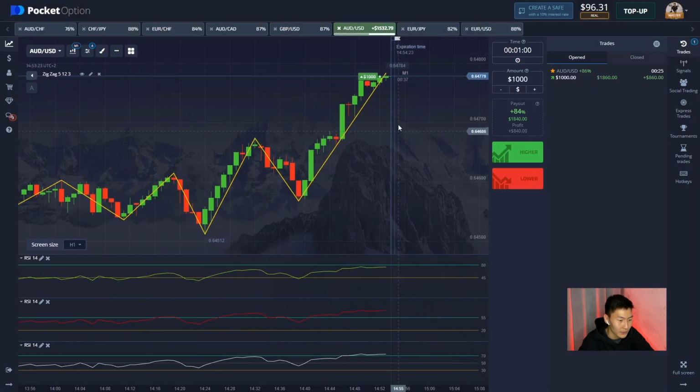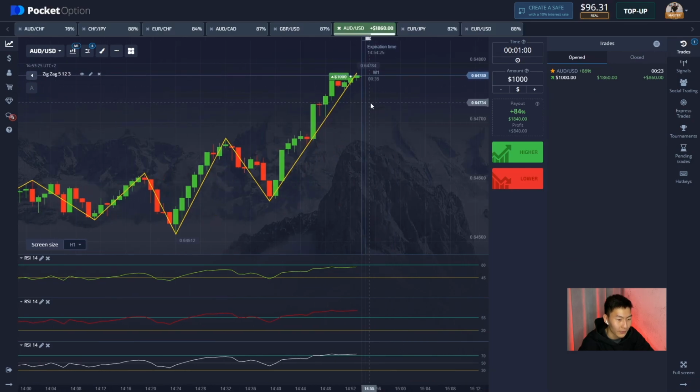We also see the absence of correction and pullbacks, really confident upward dynamics prevail. We can judge by these candles. There were no prolonged corrections, so we opened following the trend direction.